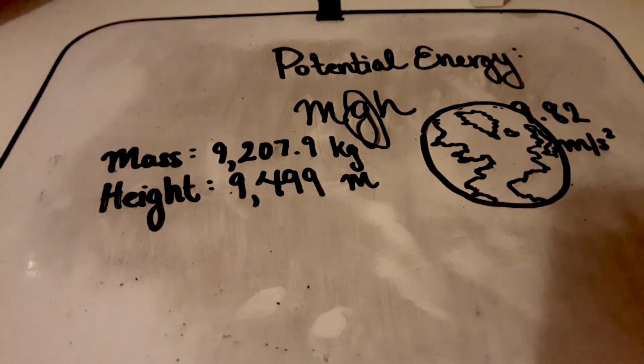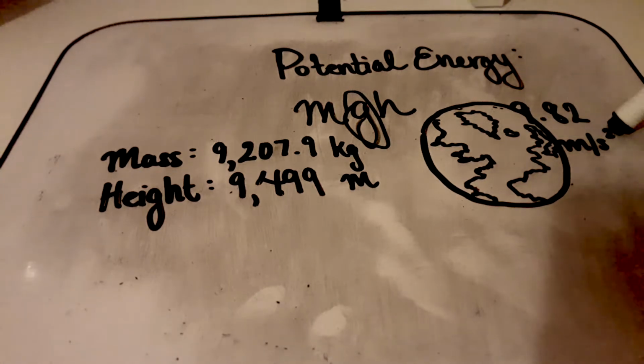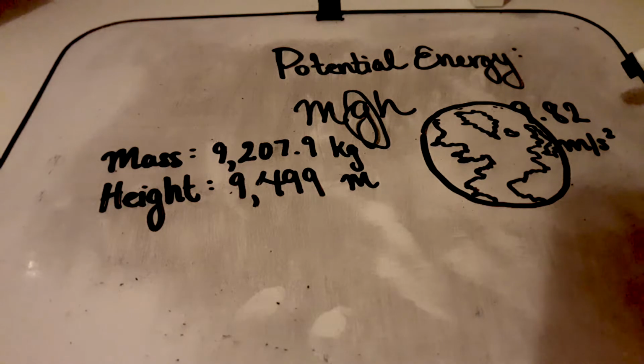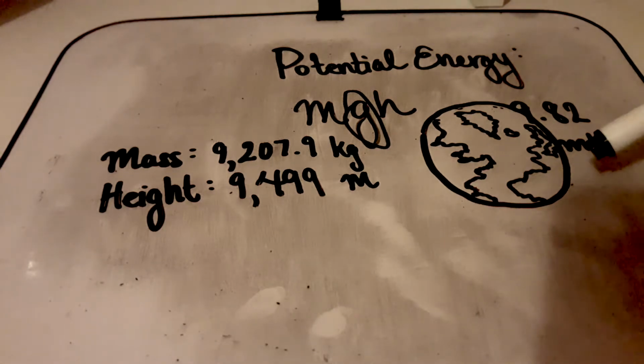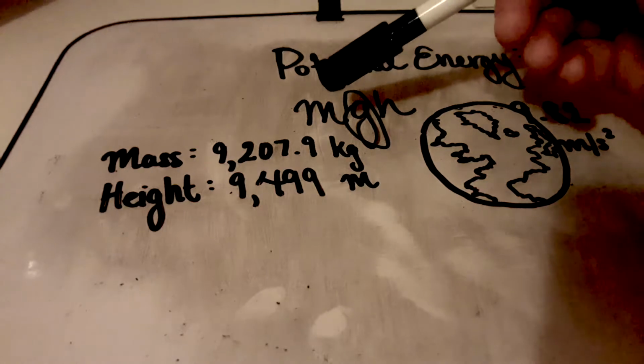You can see that the meters per second squared is an acceleration. So when this plane flies on Earth, the gravity that it will have while it accelerates is 9.82. Quite simple, right?